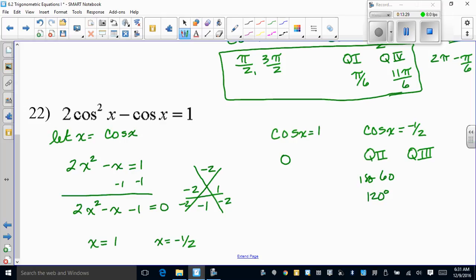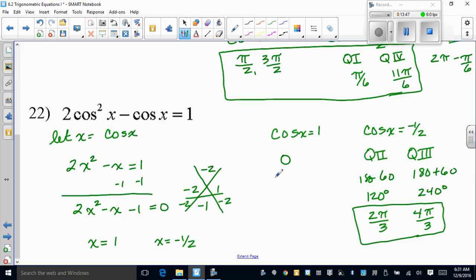And then this one is going to be the 180 plus 60, or 240 degrees, which is going to be 4 pi over 3. I think you may find it a little bit simpler to use your unit circle than to use the table. But then again, the table may help you get to the values on the circle faster.